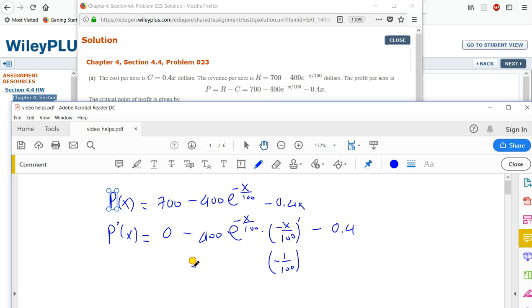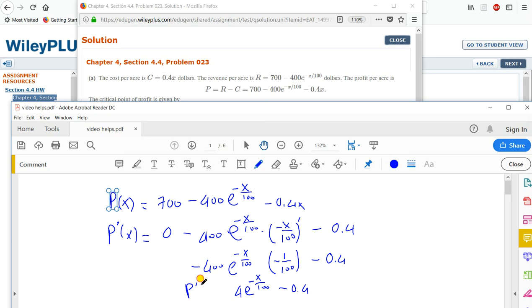And just carry out all of this, and minus 0.4, and now a minus and a minus, when you multiply that together, that gives you a plus, and 400 divided by 100 gives you 4, e to the minus x over 100 minus 0.4.